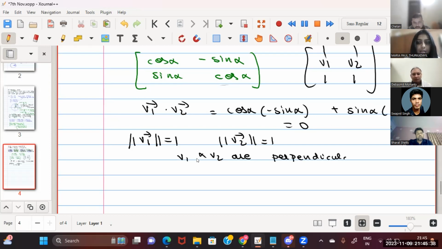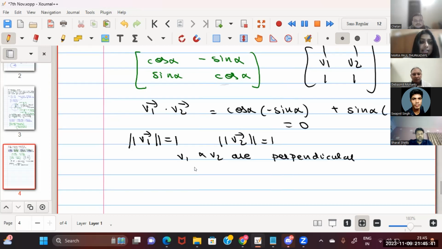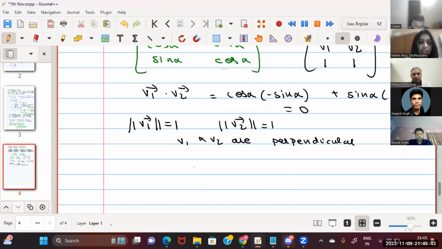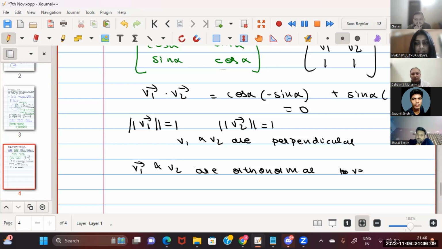So V1 and V2 are what we call orthonormal vectors.